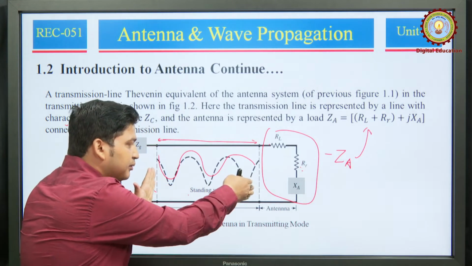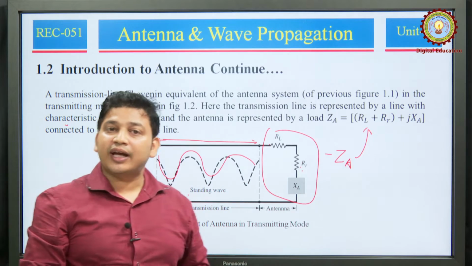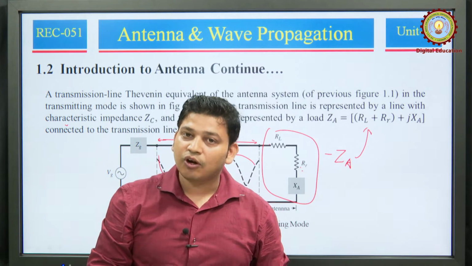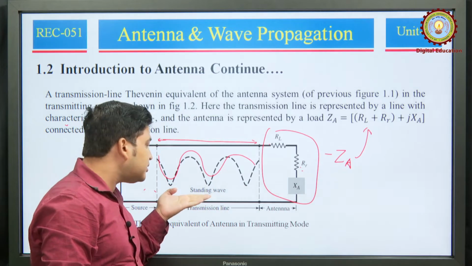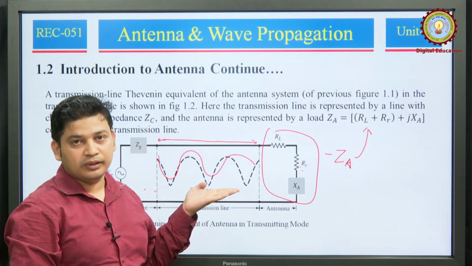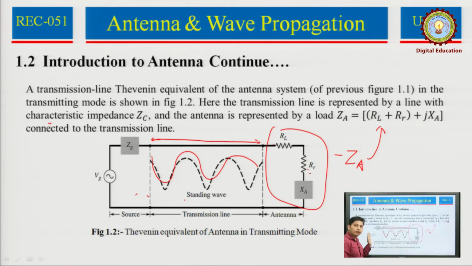At some time it will create constructive as well as destructive interference of the to and fro signal, hence termed a standing wave, and we are discussing it in terms of voltage. So, it is summarized as voltage standing wave ratio, which is another characteristic or fundamental property of antenna.